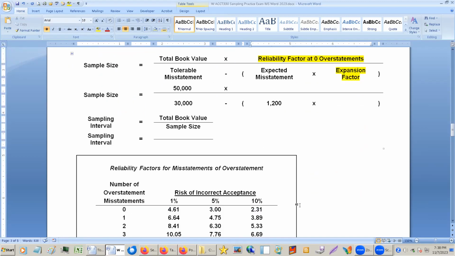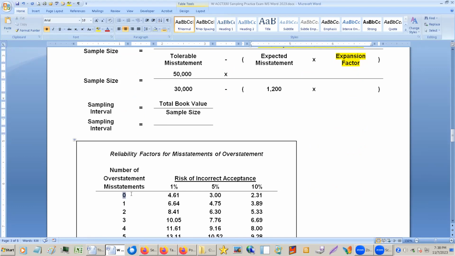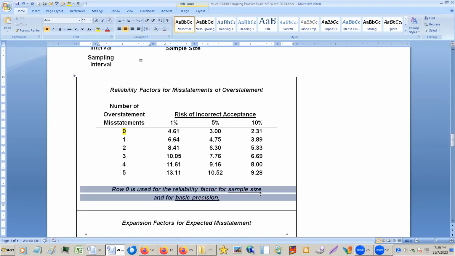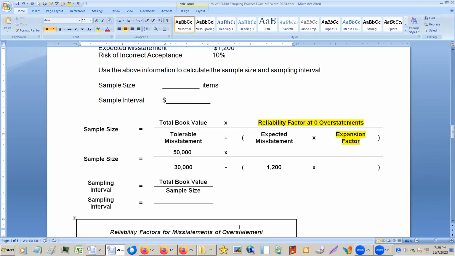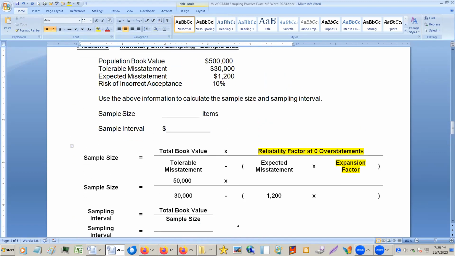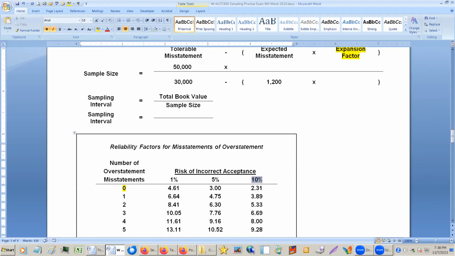Reliability factor: we go to 0 misstatements, because it's sample size. This is at 10%, so 2.31.